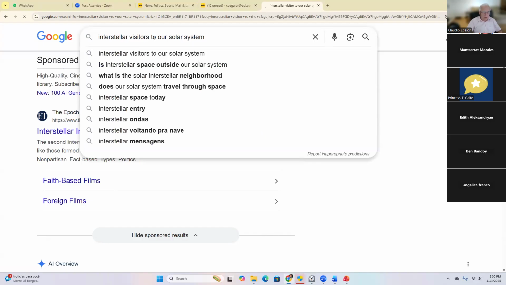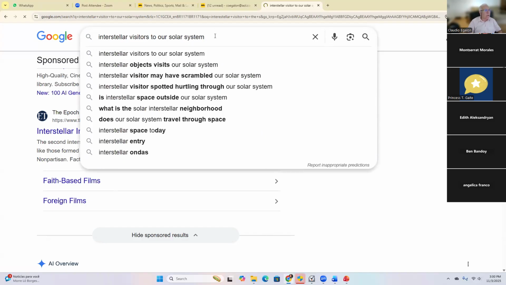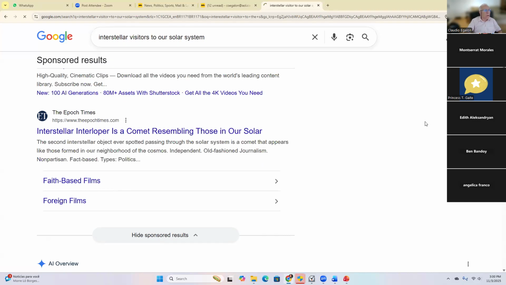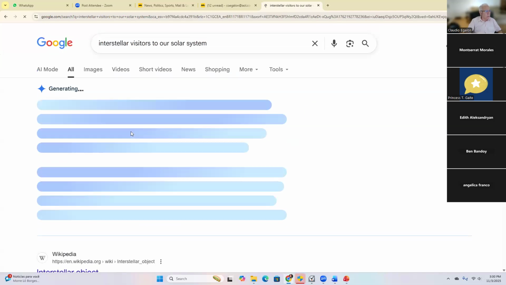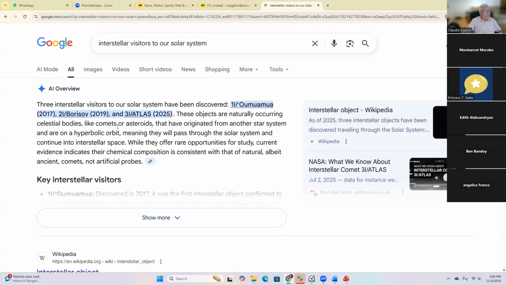I want to see the list. Wikipedia has an article on that. Oh gosh. 3 interstellar visitors to our solar system have been discovered. The first one was Oumuamua in 2017.